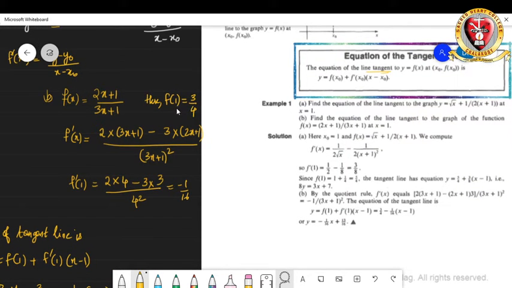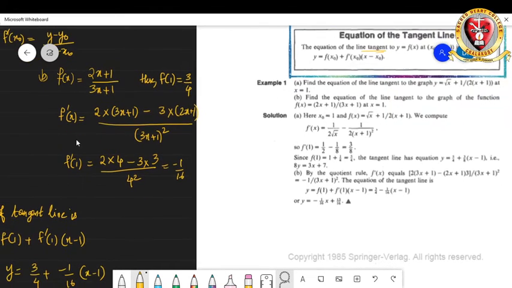You can calculate f of 1, you get 3 by 4. Calculate f dash of x using the quotient rule. So you have derivative of the numerator into denominator minus derivative of the denominator into numerator, divided by denominator the whole square. And then you find f dash of 1. You substitute 1 instead of x. And there you get it to be minus 1 by 16.